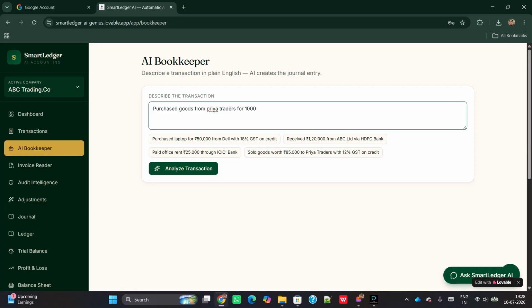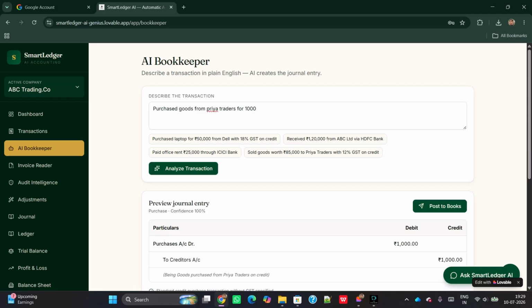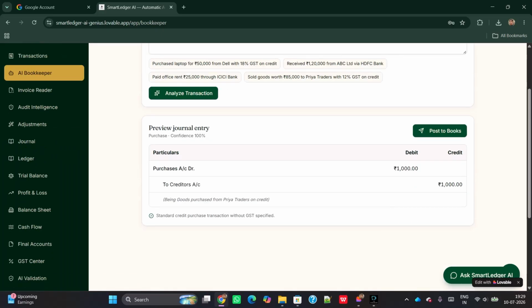Yes, so just by writing the transaction in one sentence, we can add on the transaction. So let's analyze the transaction. The AI will automatically analyze the transaction and give you the proper journal entry, that is purchase account debit 1,000 to creditors, being goods purchased from Priya Traders on credit.